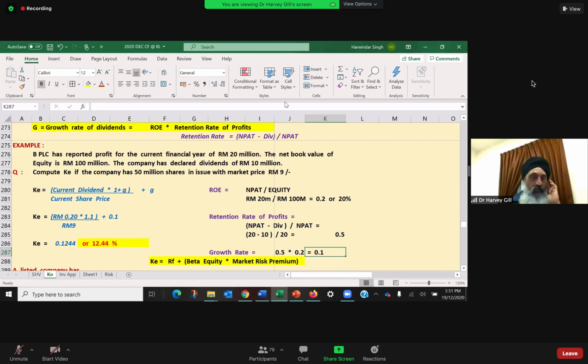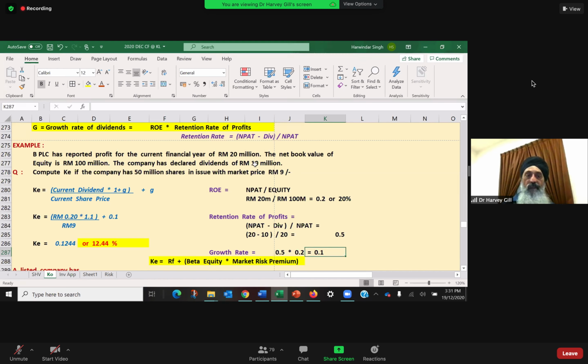Growth rate 0.1. After all, we are going to take growth rate as a decimal in this formula also. So it's fine to leave it as a decimal. And so KE is the current dividend, 20 cents, multiplied by, how did I get 20 cents?